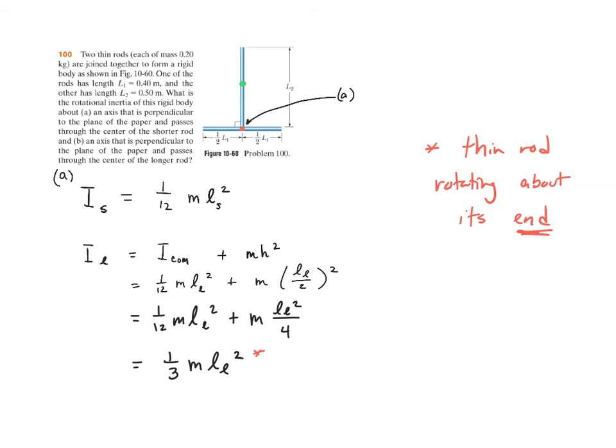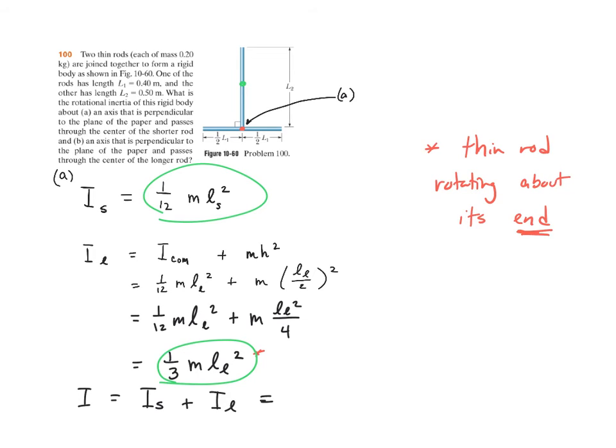Anyway, the point is, what is the overall I value of the system? The I value of the entire system is going to be the I value of the shorter rod plus the I value of the longer rod. So part A, our answer, is going to be I_S plus I_L. At this point we have numbers: we've got the lengths, we've got the mass given, so we can plug in for both of these and sum them together.